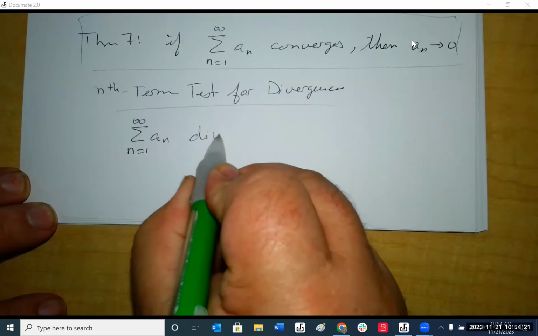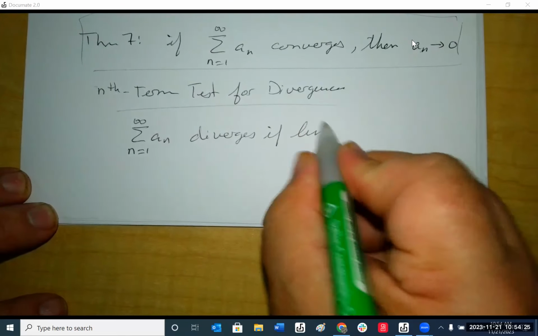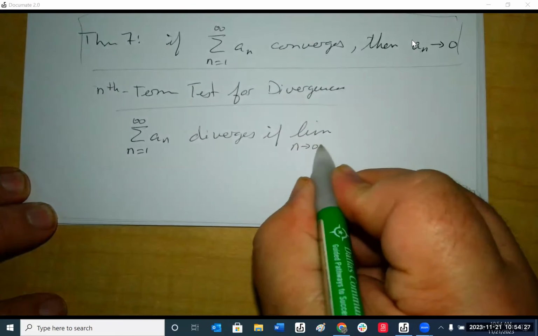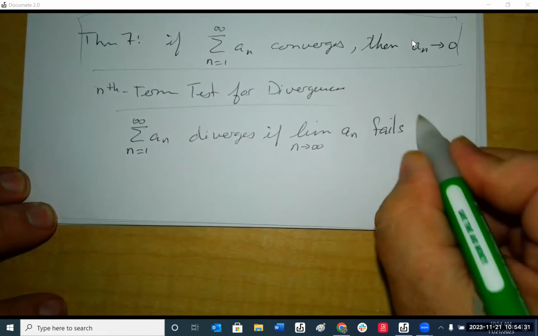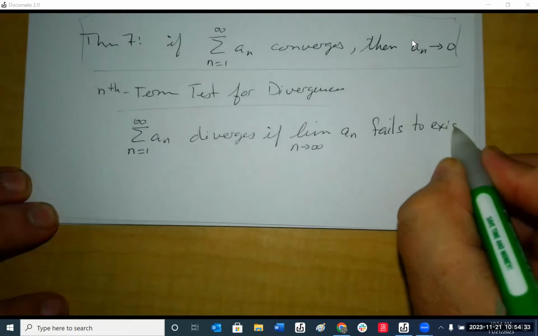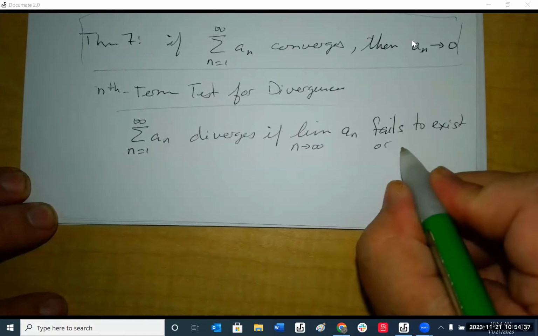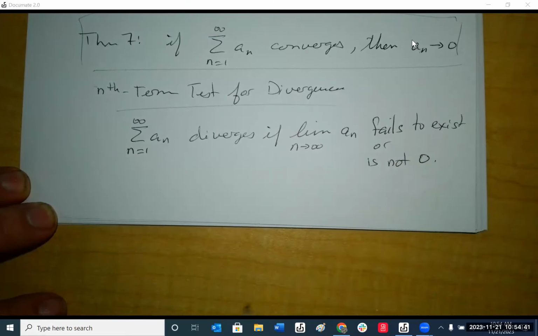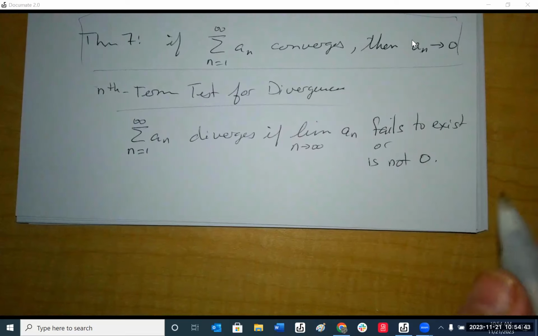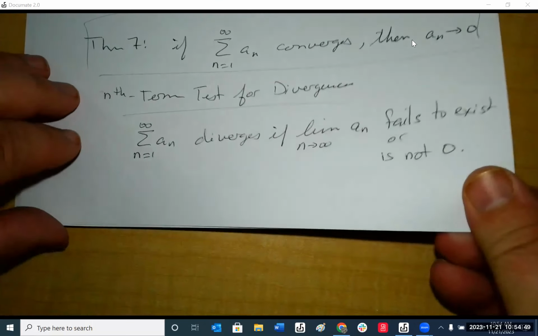This diverges if the limit as n goes to infinity of a sub n fails to exist or is not zero. So that's the nth term divergence.